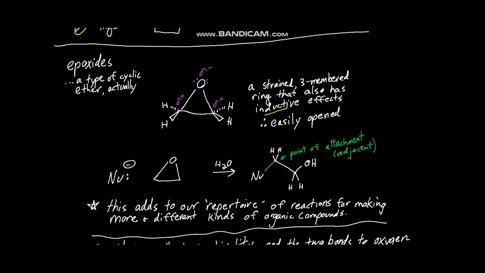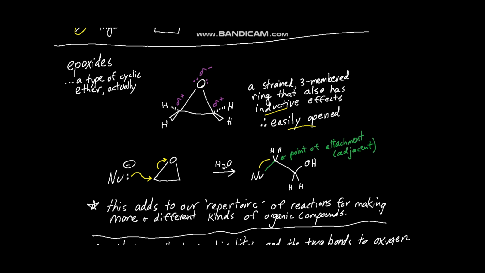So we have ring strain and inductive effects, so therefore these rings can be easily opened. A nucleophile can come in toward the delta plus carbon, break this bond, so bond forming, bond breaking. You see the new bond that's formed here.